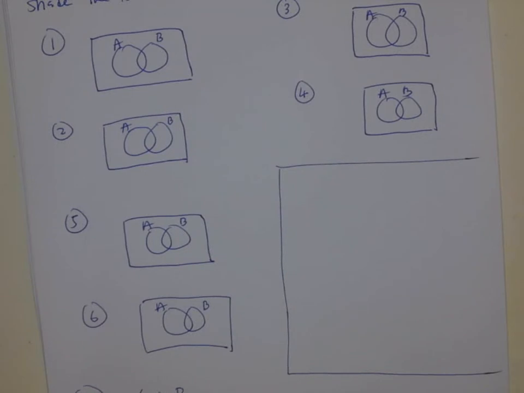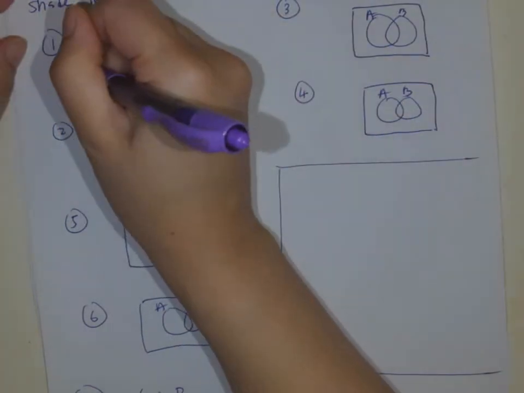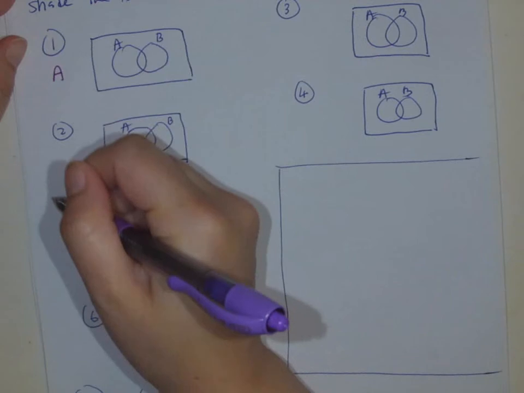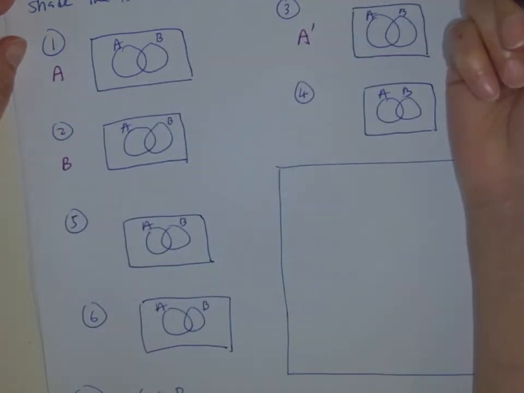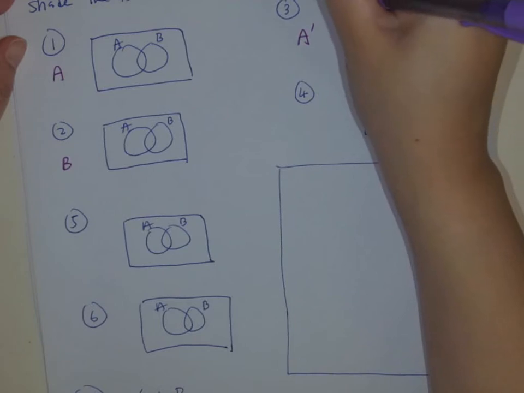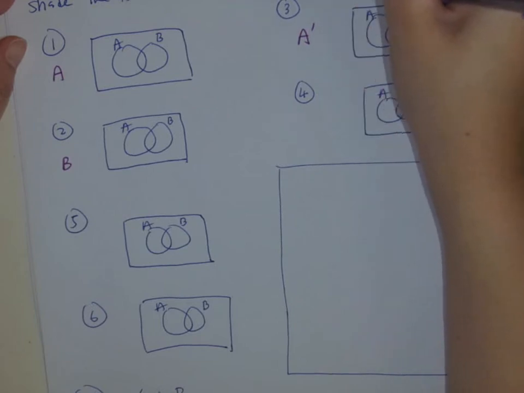So what I want you to do is, first one, I only want to shade A, and then B, and then this thing here is called not or complement.